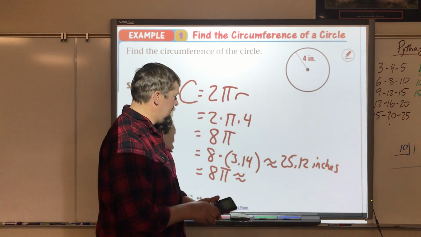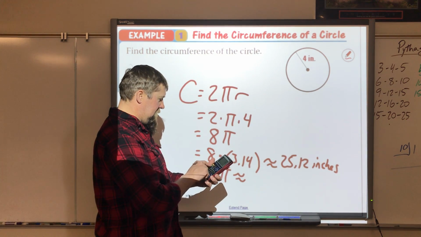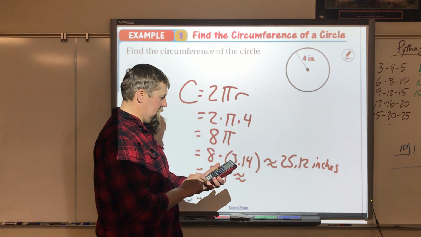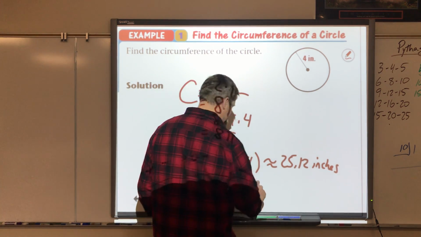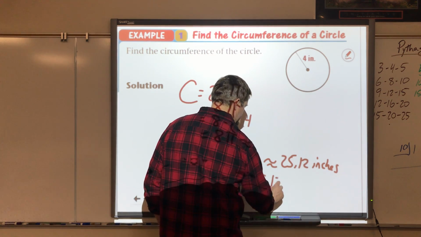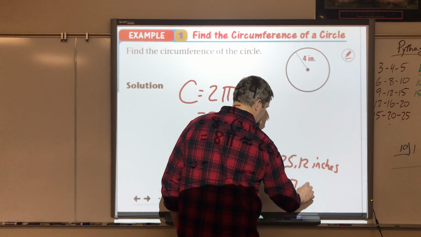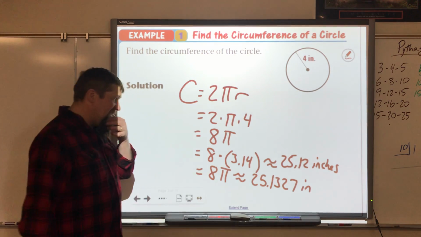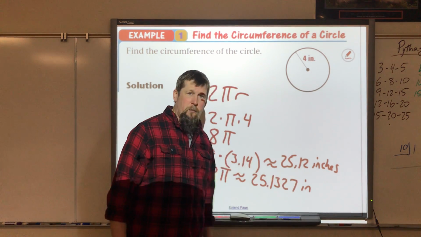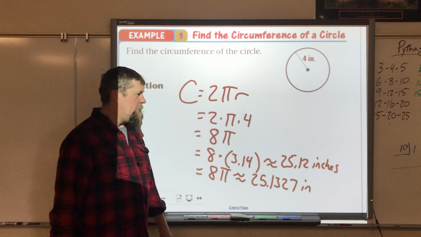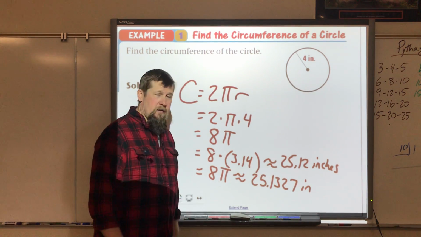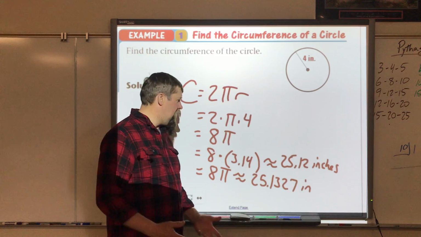If I type in 8 times pi, I get 25.1327 inches. So you can see that they're not always identical, but they're pretty close to being the same. If you use 3.14, that's going to be different than if you use the pi button on your calculator.